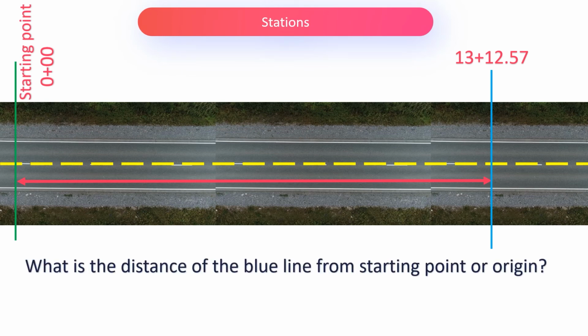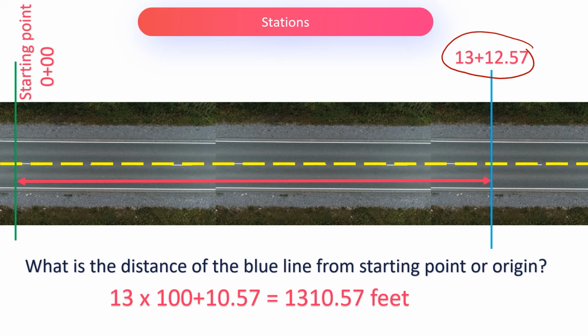So what is the distance of the blue line from the starting point or the origin? If you have this station mark, then what you do is multiply the first digit by 100, and add the remaining part, and that will give you 1310.57.